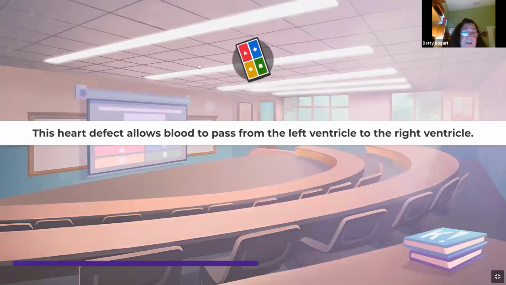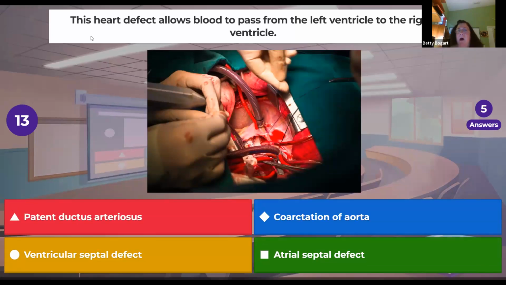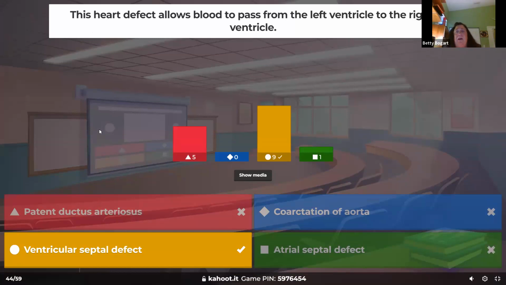This heart defect allows blood to pass from the left ventricle to the right ventricle. What is that called? So you have blood flowing from the right ventricle to the left ventricle.